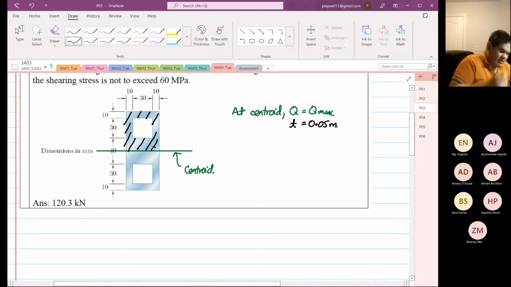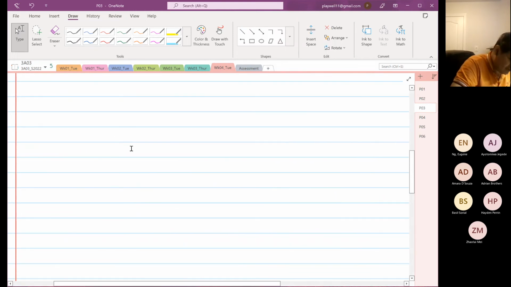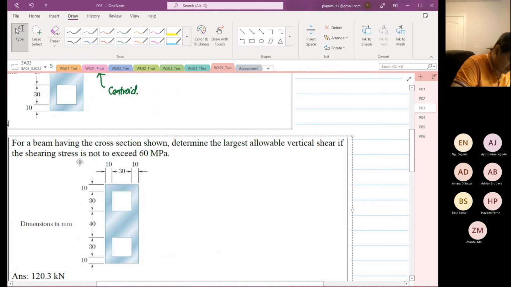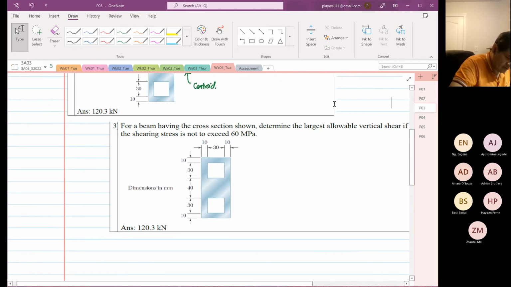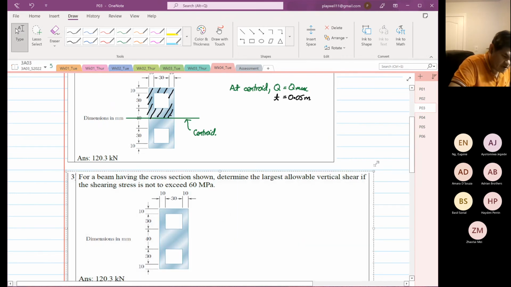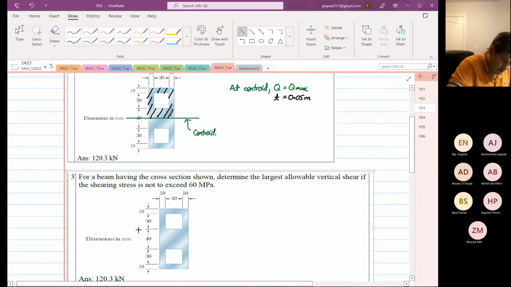Now there's another location that we need to consider, and it's where the thickness is the minimum. So which location is that? Let's say we look at another location, which is not at the centroid. I'm going to draw a blue line over here.